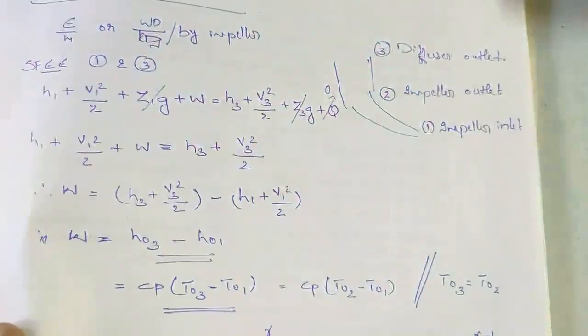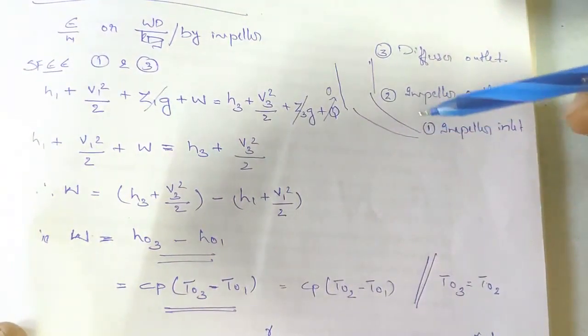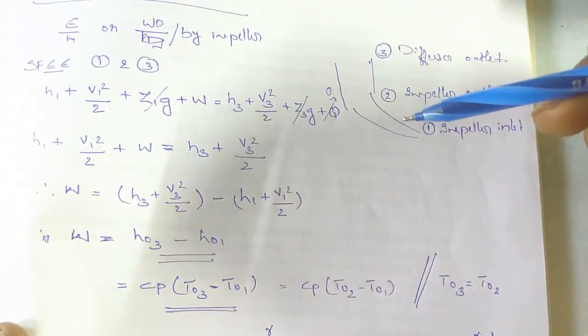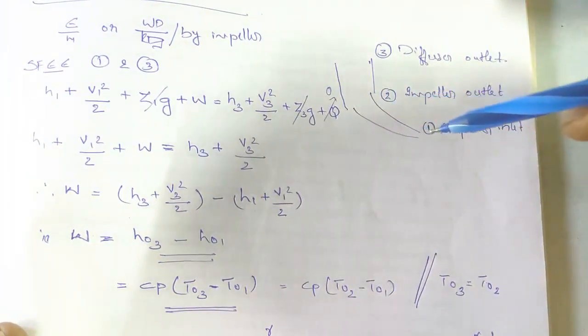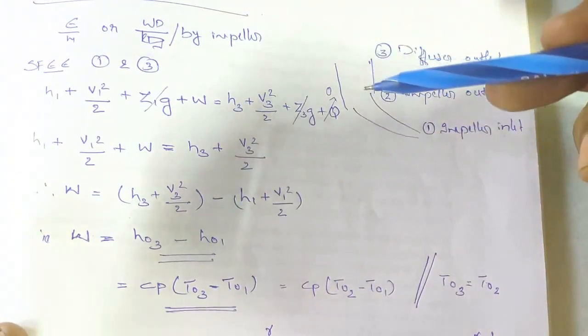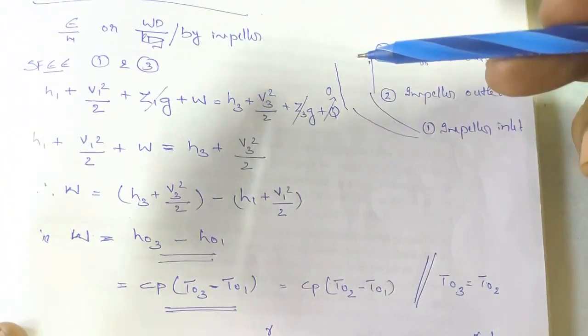Why? The imparting of energy, or work, is done by the impeller alone. Additional energy is imparted to the fluid only at the impeller. During the process in the diffuser, only conversion of dynamic pressure to static pressure takes place.